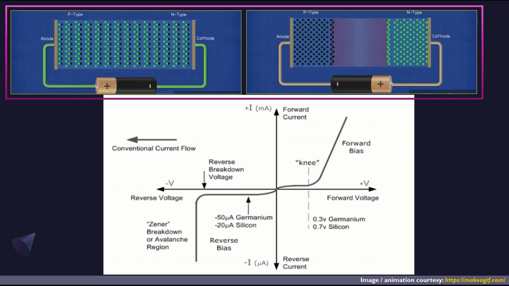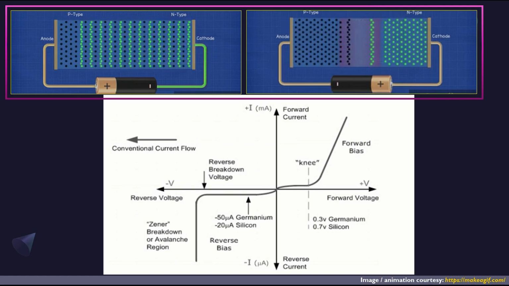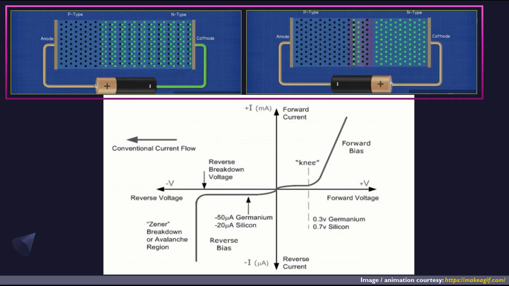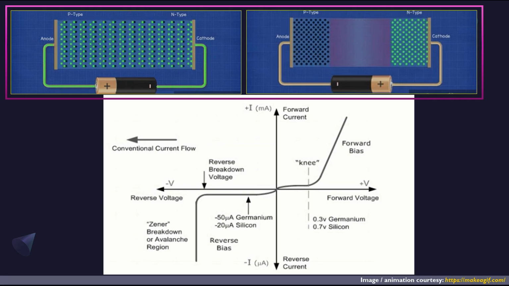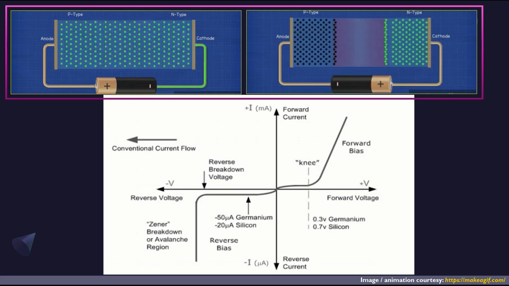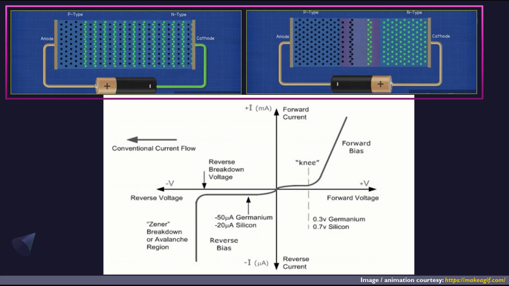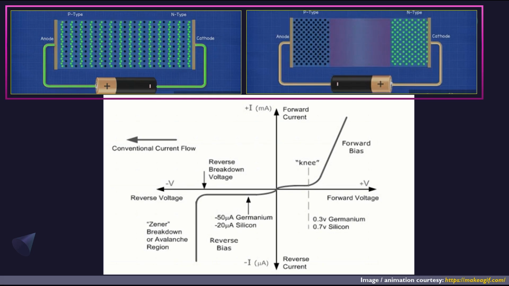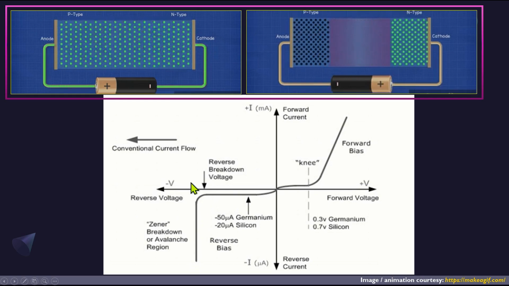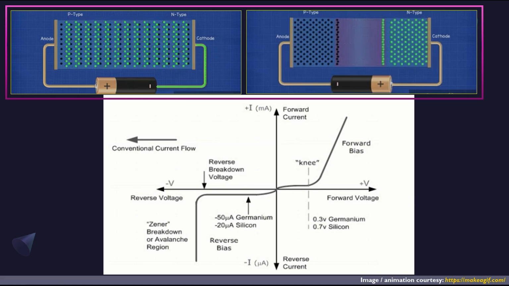That breakdown is known as the avalanche breakdown, where the collision of the charge carriers takes place, and that collision will rupture the covalent bonds, which will generate more free electrons and holes. As we have more free electrons and holes, conduction will take place, and that is why a high amount of current is flowing, but at the same time it will disrupt the PN junction diode.